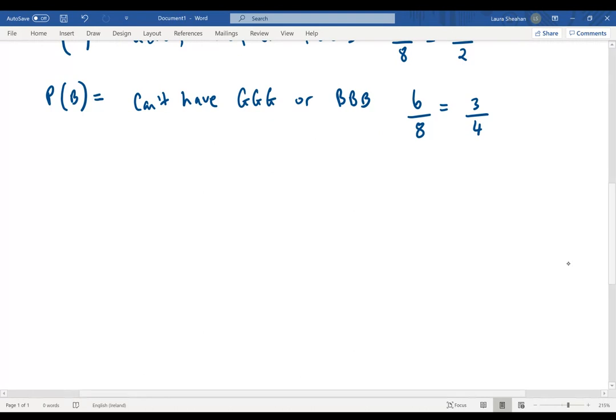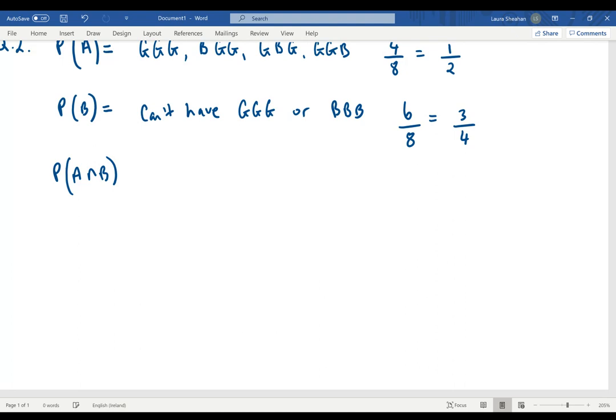Now the probability of A intersection B. This would be the probability that there is at most one boy and they have to be of both sexes.